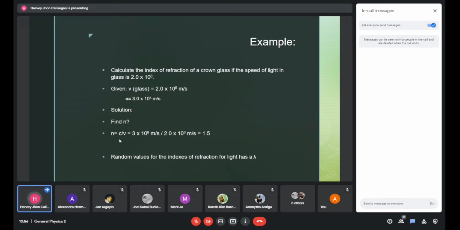If ever there are different speeds of light involved in certain materials, together with our constant value of the speed of light, you can actually get another index depending on the material used. Because, again, some materials are thin, some are thick. There are different kinds of glasses, right? Translucent, transparent, many kinds. So it depends on the indexes.